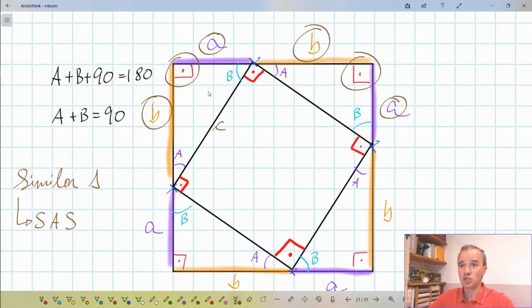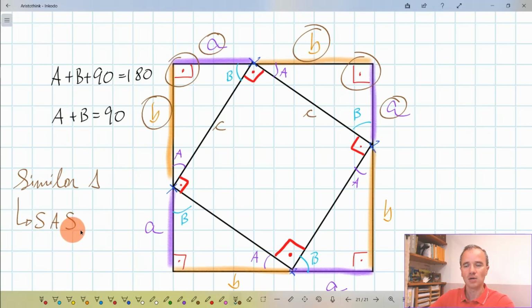Side, angle, side. So I can tell that this triangle is similar to this one. Well, if this one is, I'm going to call this hypotenuse C, I can safely say this also is going to be C. Because this side is locked.